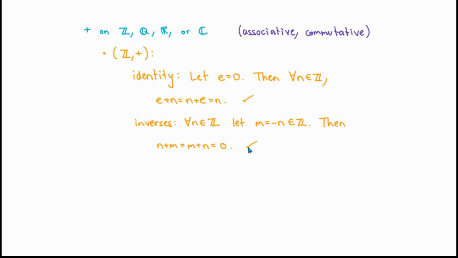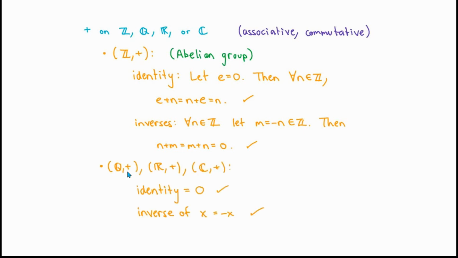That shows existence of inverses, so we know that the integers together with addition are a group. Now, since the binary operation is commutative in this case, this is an example of an abelian group. Essentially, the same argument shows that the rational numbers under addition, the real numbers under addition, and the complex numbers under addition are all also abelian groups. These are some of the simplest examples.